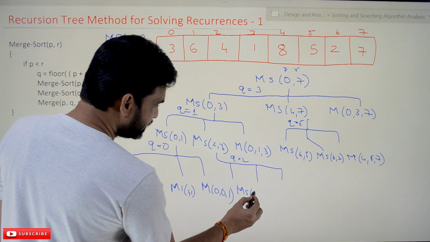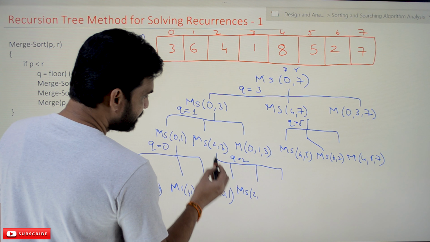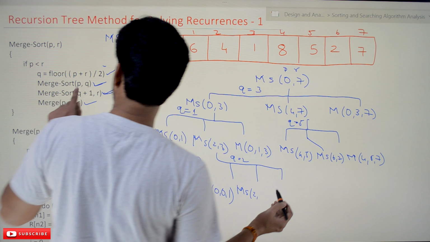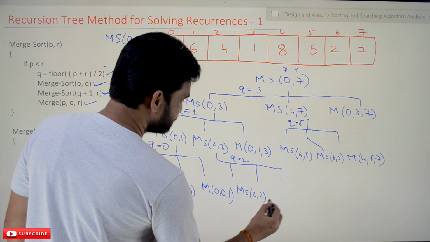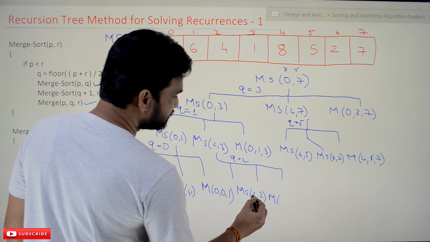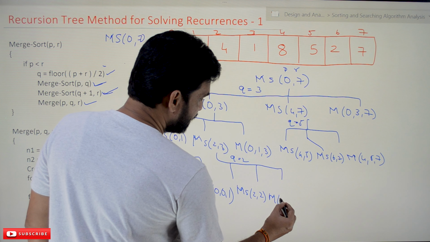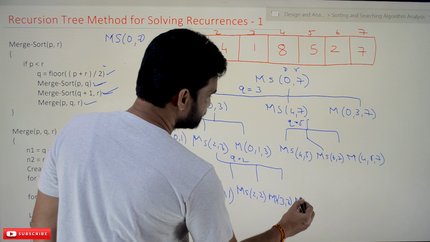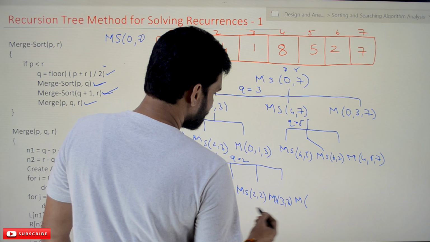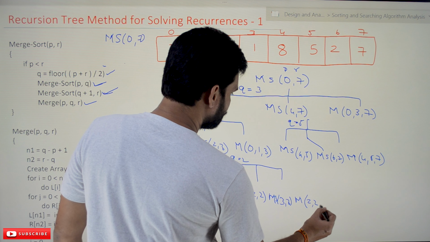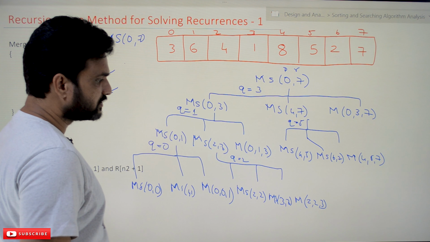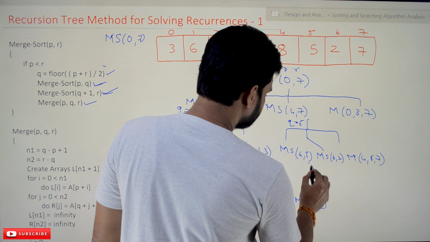It is MS of 2 comma 2, that is p comma q, and the next one is q plus 1 comma r, which is MS of 3 comma 3, and the last one is merge of 2 comma 2 comma 3, that is p, q, r.